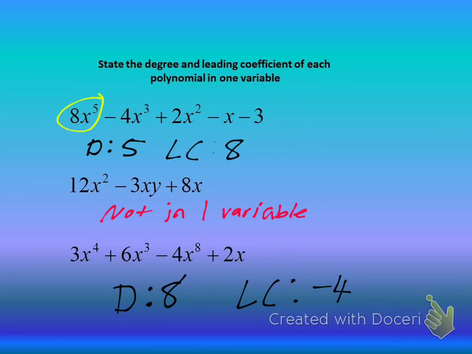It's the first one, when you're in standard form. This guy's not in standard form. So if you rewrite it to be in standard form, and your biggest exponent's going first, it'd be -4x to the 8th. Okay, plus 3x, yada, yada, yada. Okay, so be careful when they're not written in standard form, okay?